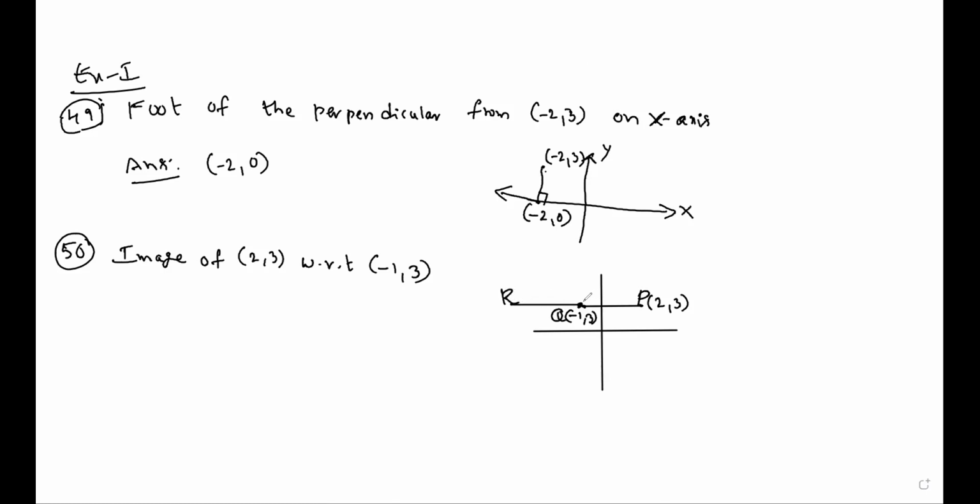Now we can have a shortcut method because Q is the midpoint. The distance from P to Q is the same as Q to R. And in P and Q, both y coordinates are 3 only.